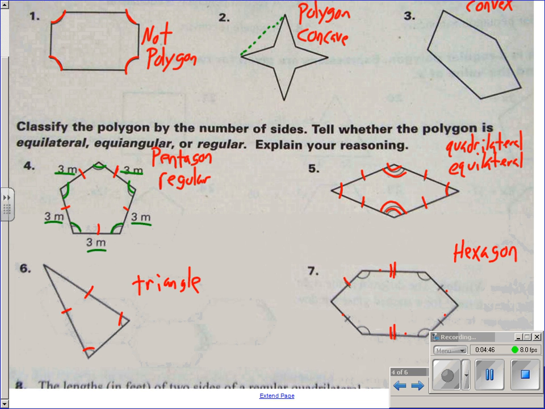They're equal to each other, but they're different from the other 4. So it's not equilateral. We have these arcs here. Those 4 angles are equal, but there's nothing that we know about these two angles. Because there's no information there, we can't assume anything. That means we got to assume they're different. So it's not equiangular, so it's not regular. We just got a hexagon.